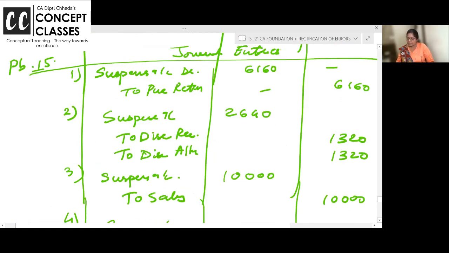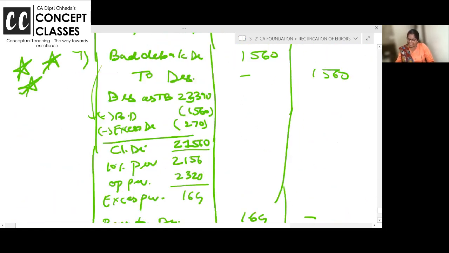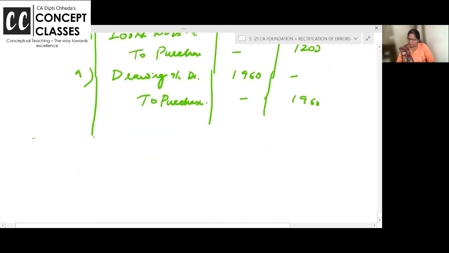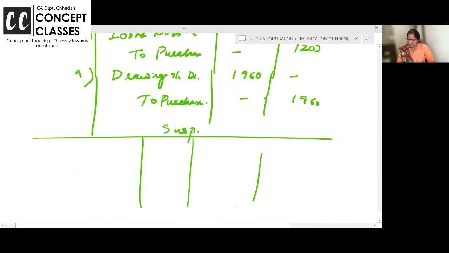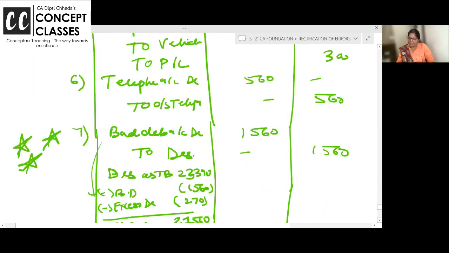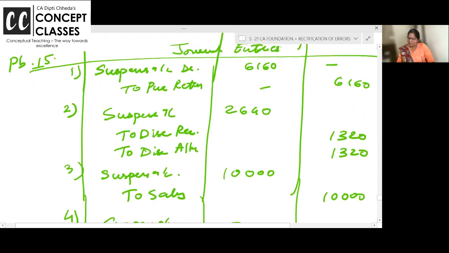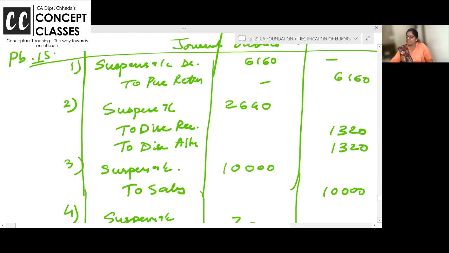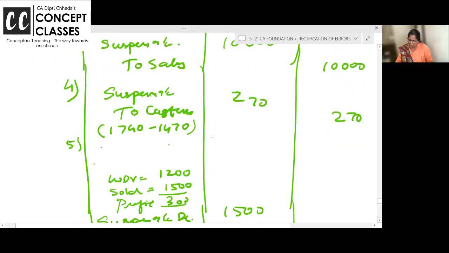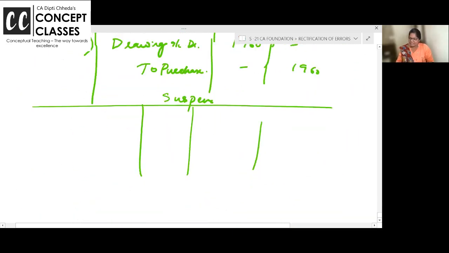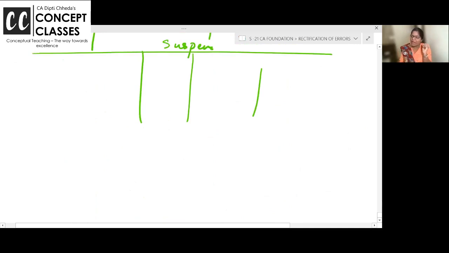All clear? Shall we quickly prepare the suspense account and post all these entries? Whichever side they will come. Look at your first entry. Suspense account debit 6160. Second may be suspense account debit. So go on doing like that. Post all your entries. Turn the pages in your book and do it. Suspense account debit, purchase return 6160.